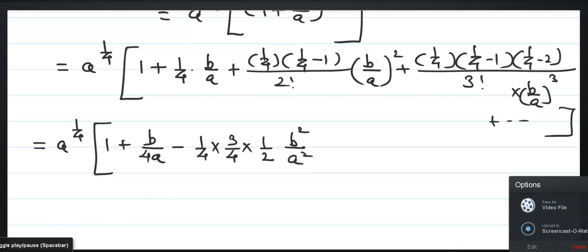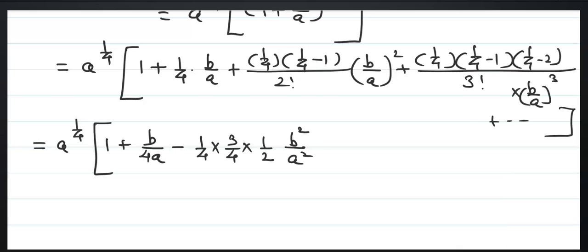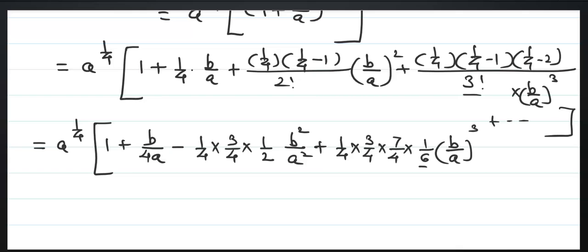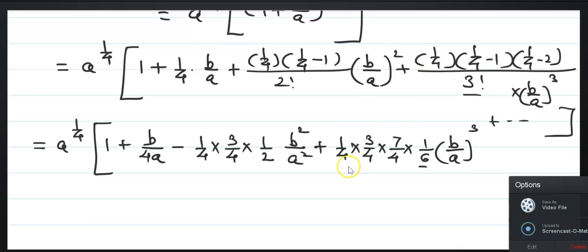Now the next is 1 by 4, 3 by 4, 7 by 4. Now this is a simplification. First is 1 by 4. Second is minus sign here, and here is also minus sign. Overall this minus minus will become plus. And that's why the term has a plus sign. Therefore 1 by 4, 3 by 4, 7 by 4 into 6. 3 factorial means what? 6. Therefore here is 1 by 6 into (b upon a) bracket raised to 3.